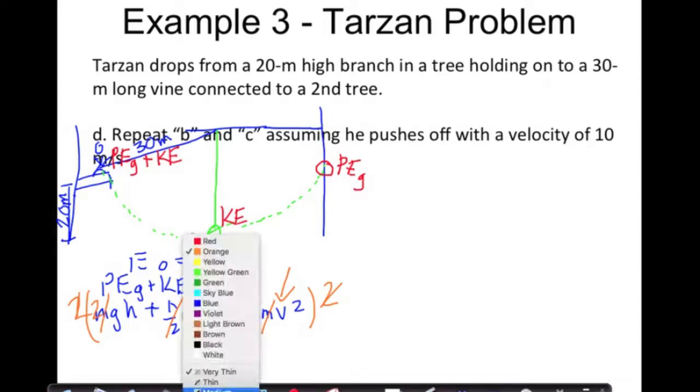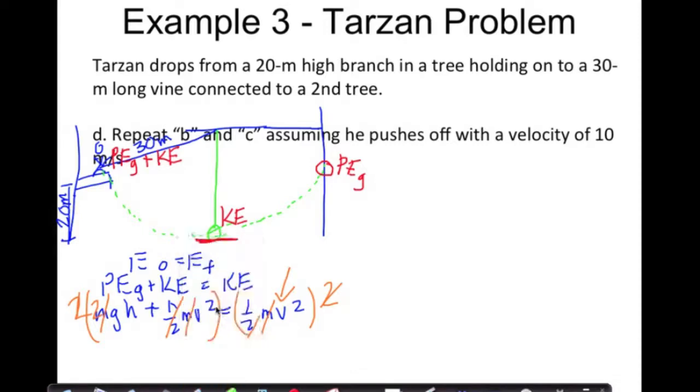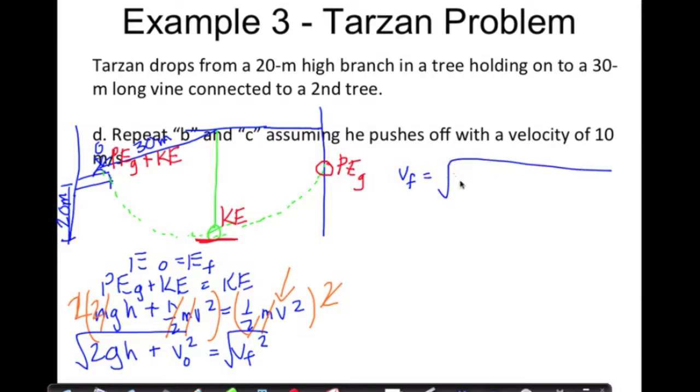When we rewrite our equation, it becomes 2gh plus v squared, and this is an initial velocity, so let's specify, equals v final squared. We're looking for v final, so let's take the square root of both sides of our equation. So v final is going to be equal to the square root of 2gh plus v initial squared.